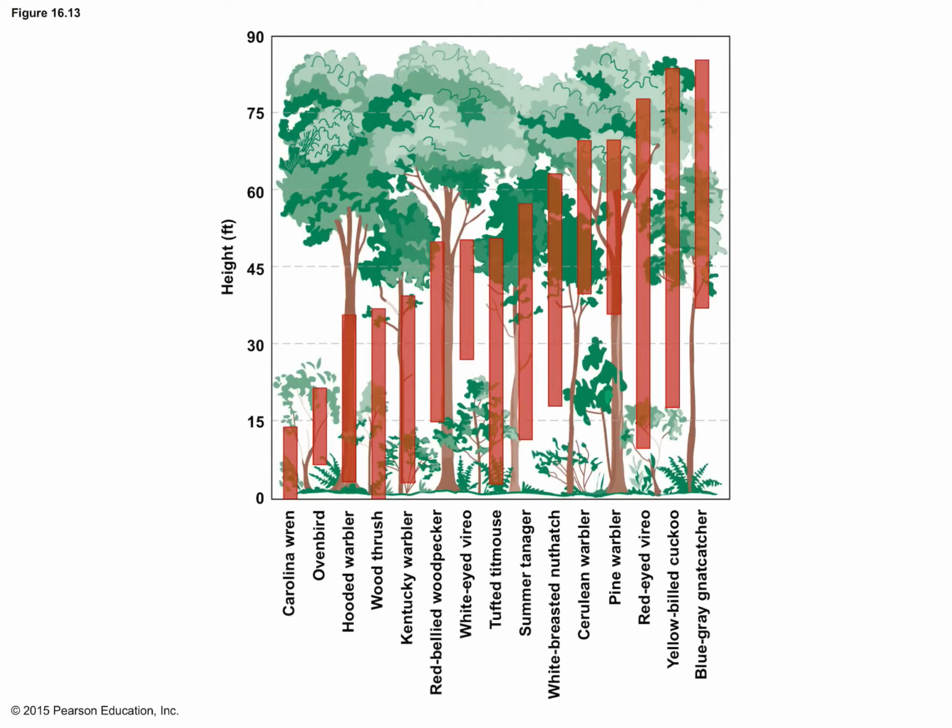What you're seeing here in terms of these bars is the range in height above the ground surface where you tend to find the various species. So Carolina wren, usually found within 15 feet of the ground surface. The ovenbirds, a little bit higher than that, and as we go down the list of species, sometimes their ranges get really wide, but generally speaking, they go higher up toward the canopy.